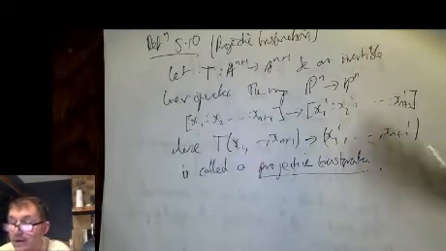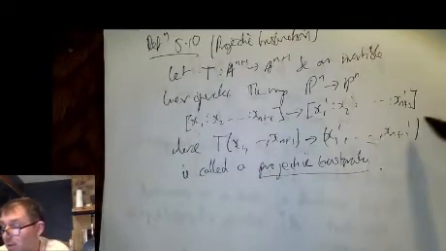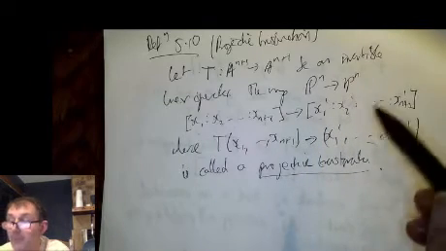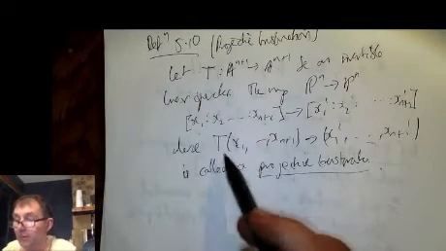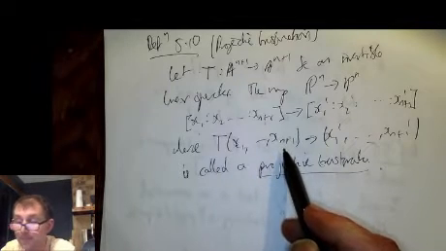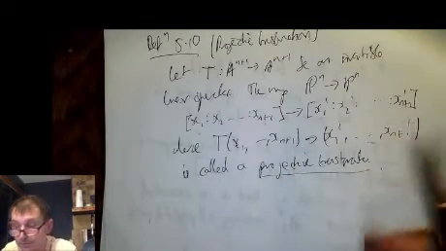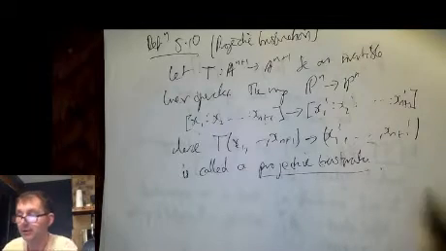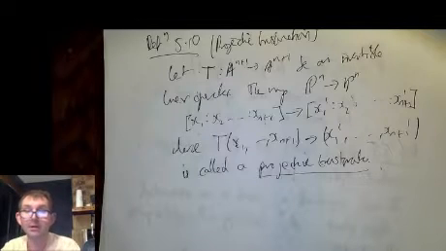So it doesn't matter which representative you choose, you always get the same line in the image and therefore the same homogeneous coordinates. But that is true because T is linear. So if I multiply the point by lambda, then T of lambda times that point is going to be lambda times T of that point. So that tells you that it is well defined.